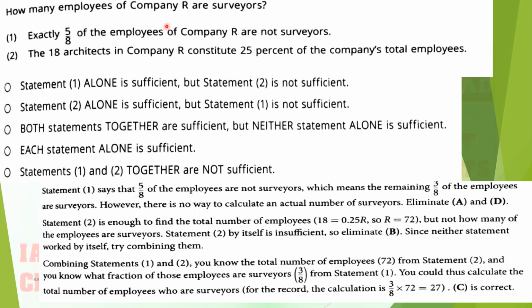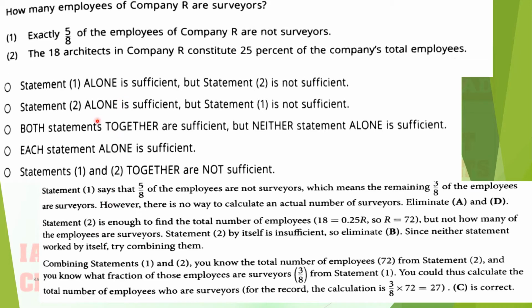Here they have just given the fraction, and along with that fraction they have not mentioned the total number of employees. So it is not possible to calculate how many employees of the company are surveyors. Only the information that 3 by 8 of the employees are surveyors is provided. So from the first statement alone you can't answer the question, and the first option is wrong.